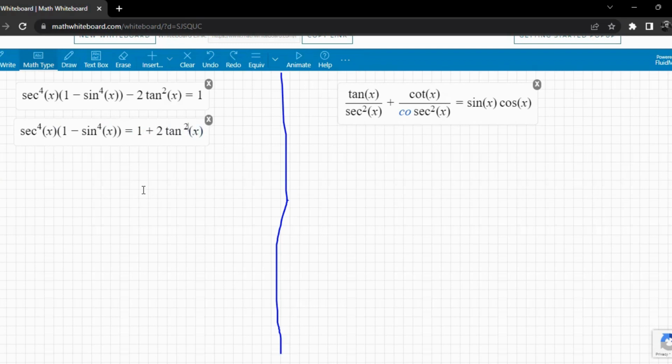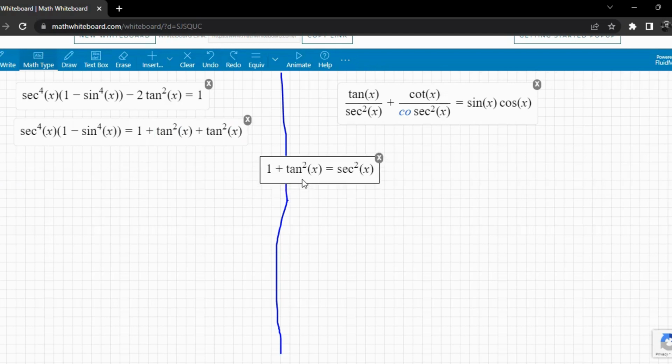So what I'd suggest over here is to split this up into 1 plus tan square x plus tan square x, because then we can use the identity 1 plus tan square x equals secant square x.